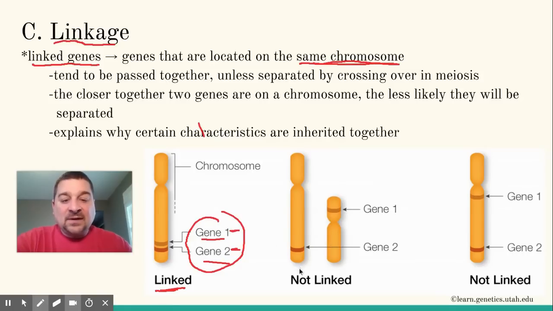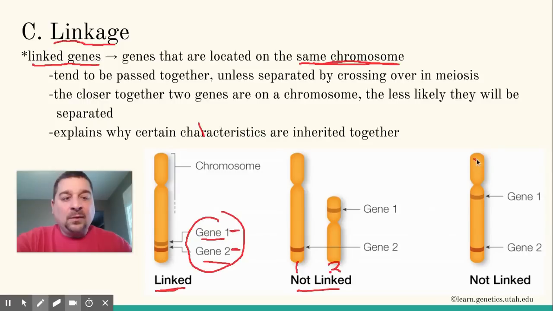If they're on separate chromosomes, then they're not linked. They have an equal chance, during gamete formation in meiosis, of going to separate gametes. They also might not be linked very much if the two genes are very far apart on the chromosome. The closer they are together, the more likely they are to be linked.